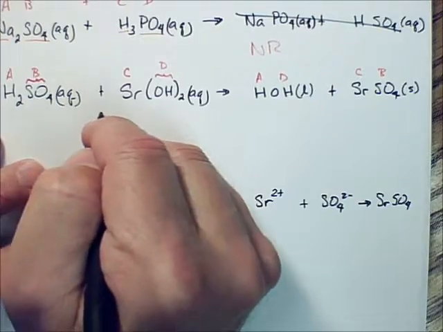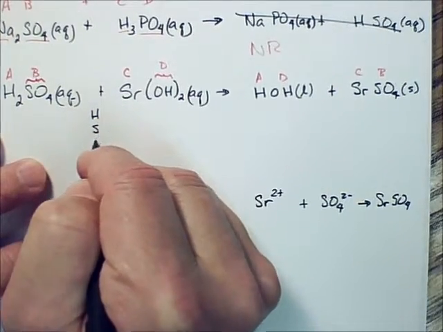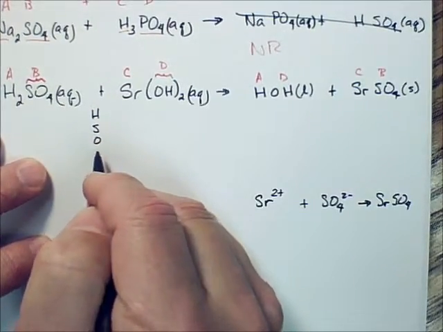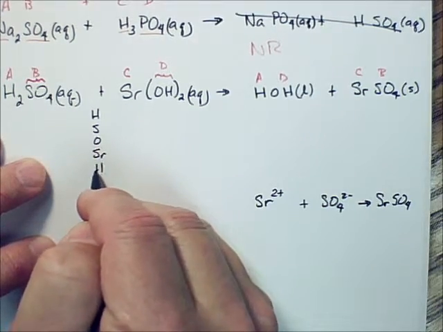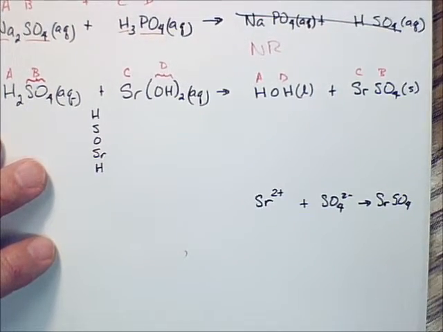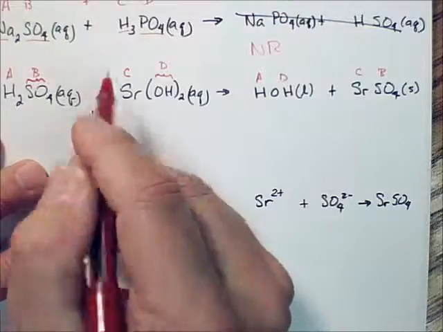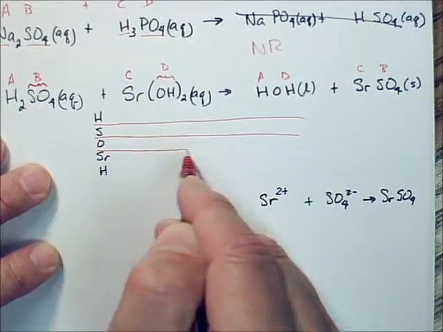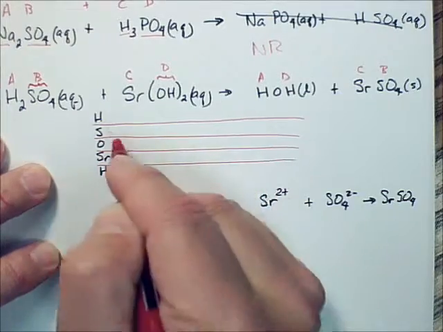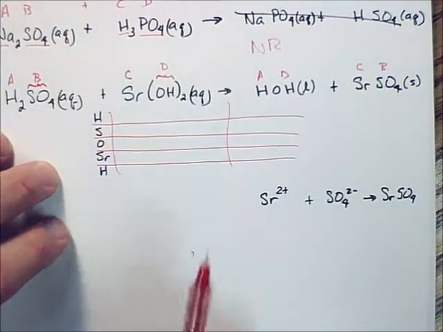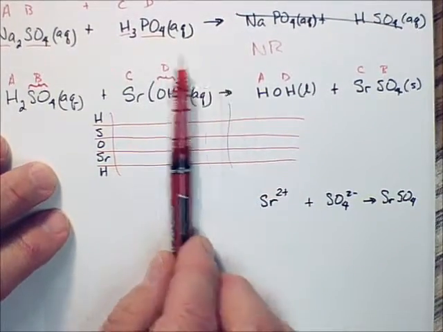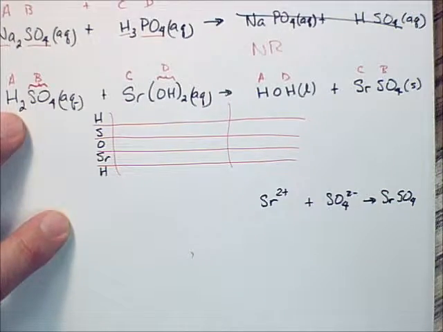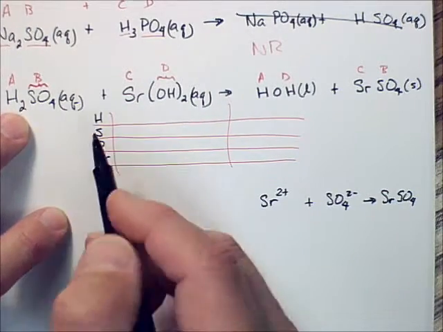We have hydrogens, sulfurs, oxygens, strontiums. Create the little grid here. On this side of the arrow and in this column, we're going to list all the elements we have on this side, or count them.